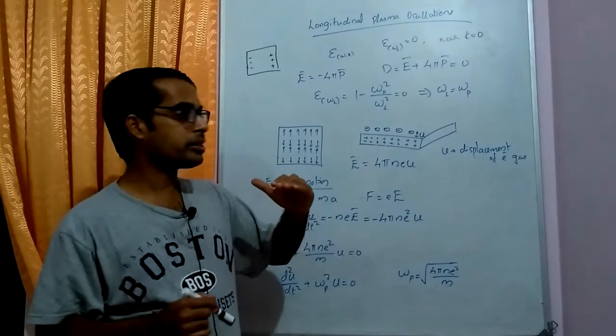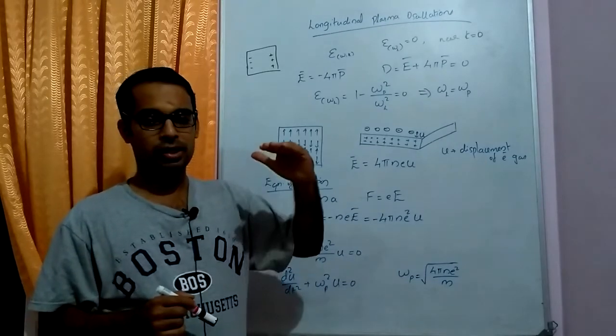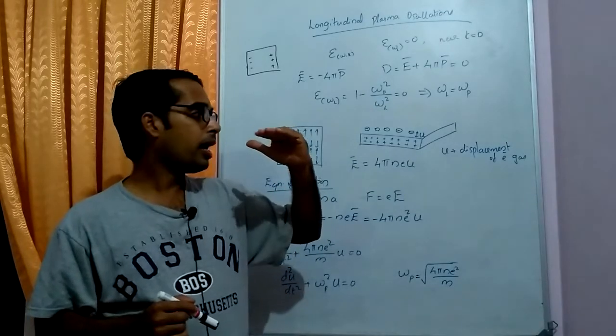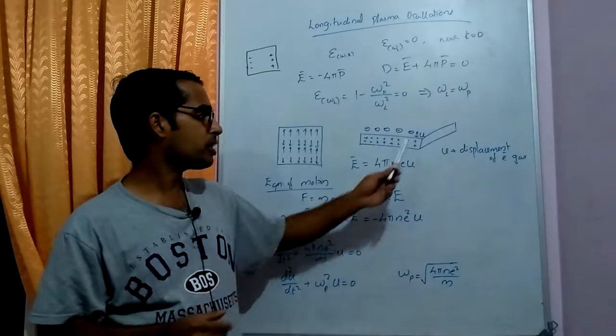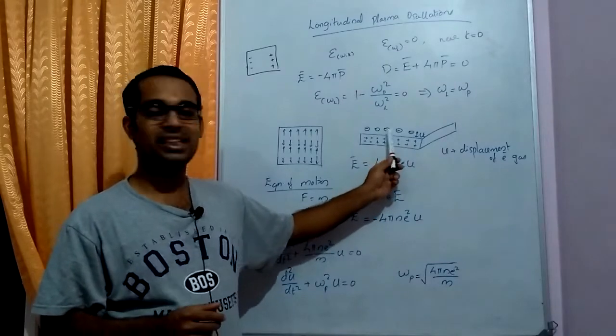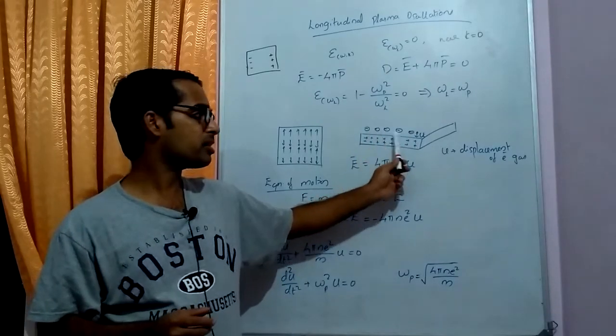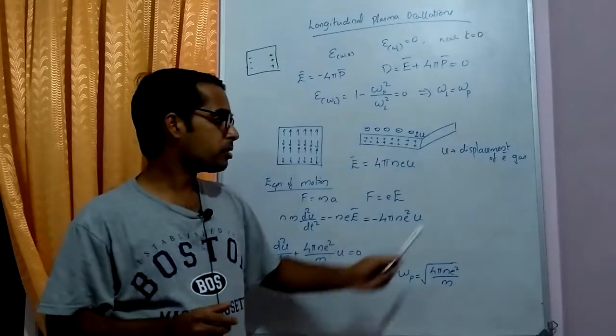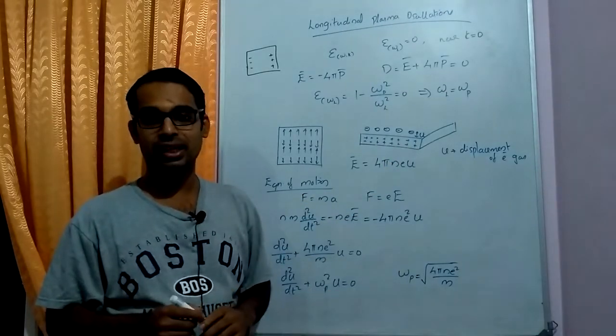There is an electron displacement. For the longitudinal oscillations, the electrons will be displaced, and we represent the displaced electron gas with these negative charges. U is the displacement of the electron gas inside the medium.